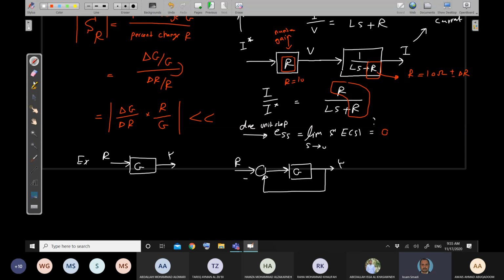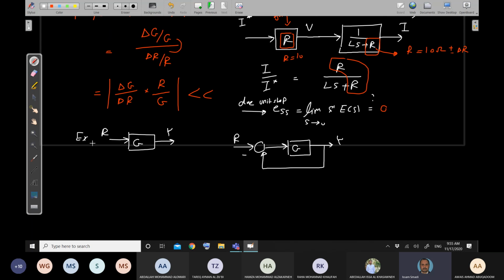Who can find the closed loop transfer function? T for the open loop equals what? And T for the closed loop equals what? The open loop is G, and the closed loop is G over 1 plus G.